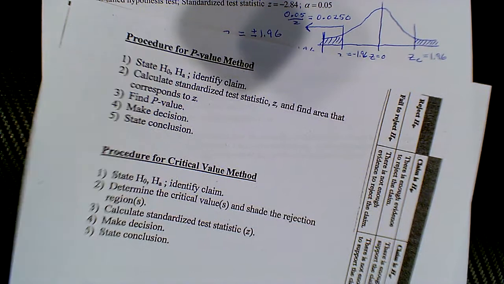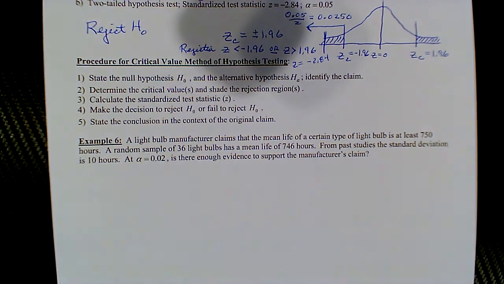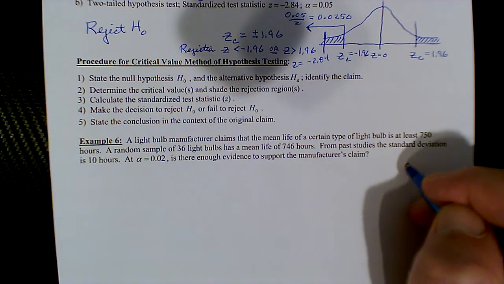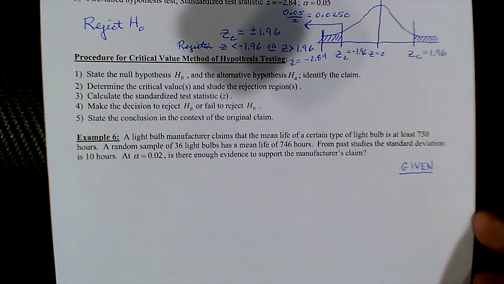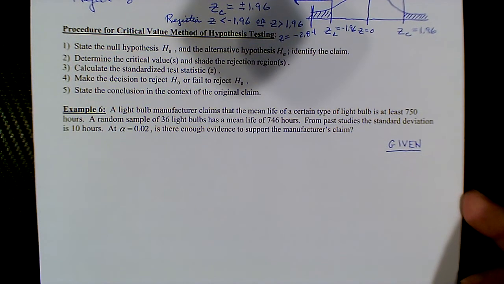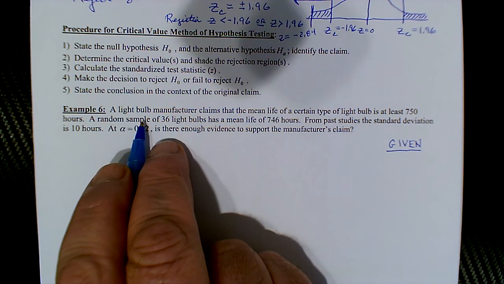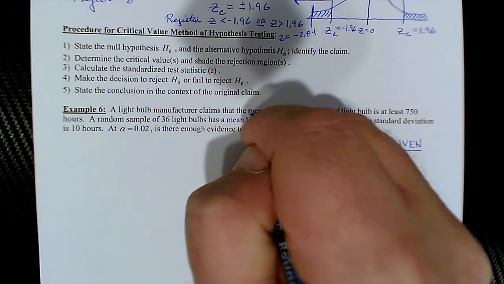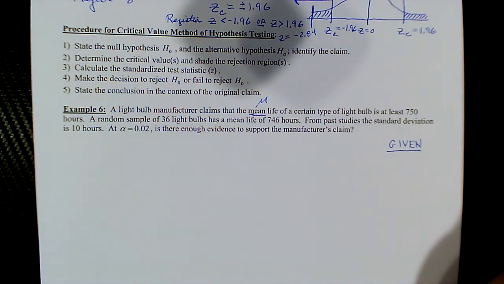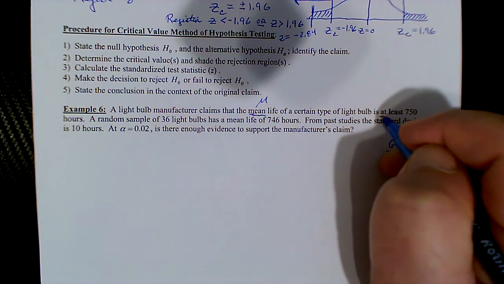So, as always, we're going to write the givens off to the side. We have to decide Z or T, even though right now we've only studied Z. We have to remember in Chapter 6, we're going to have to worry about the T distribution at some point. But the givens are typically going to be the same. This light bulb manufacturer makes this claim that their mean life, so now we're talking about mu, the population mean of the life of these light bulbs, is at least, so at least means greater than or equal to, 750 hours.